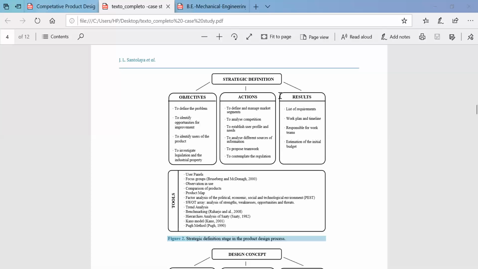To identify the results, you should list out the requirements of the functional characteristics which are needed. What is the work plan? You have to develop a work plan, because every product you manufacture will come out as a project which has a start point and an end point, right?